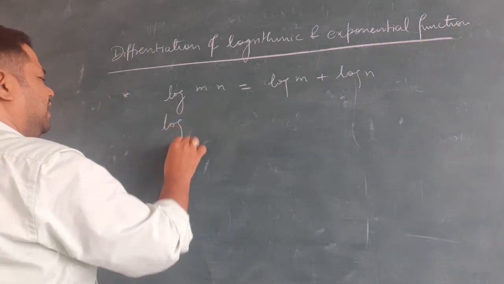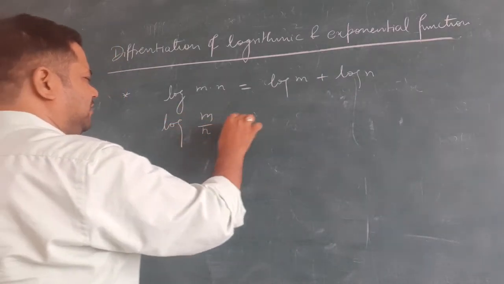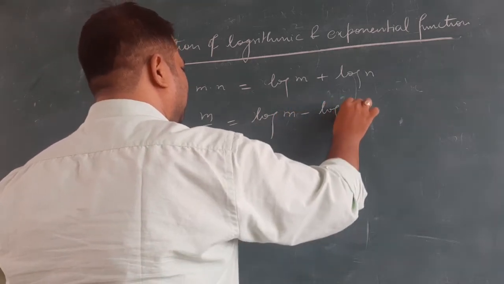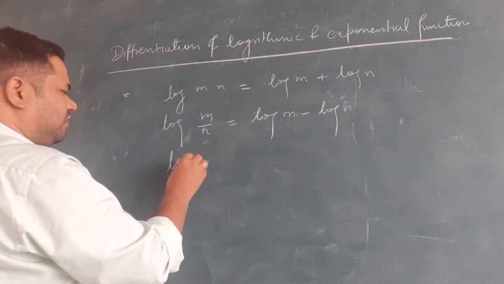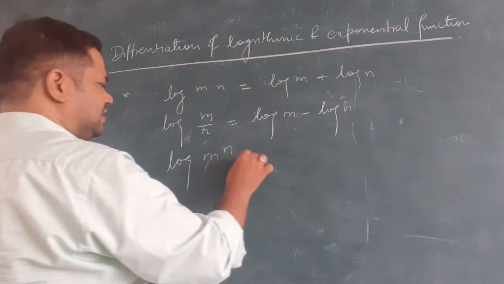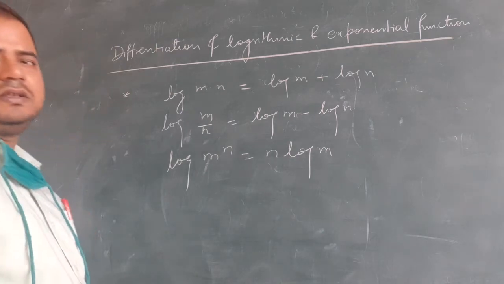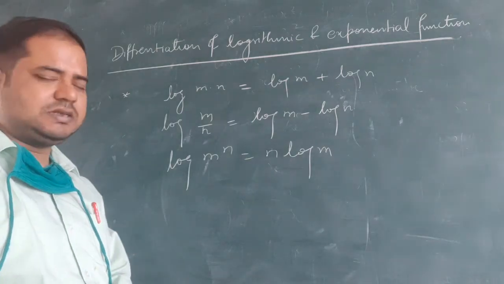Log of m by n, this is nothing but log of m minus log of n. Log of m power n, this is n log m. Okay, this is the natural logarithm, that is base e.